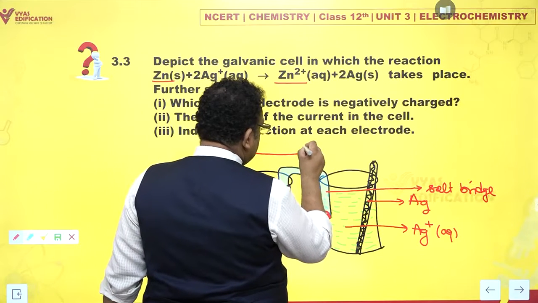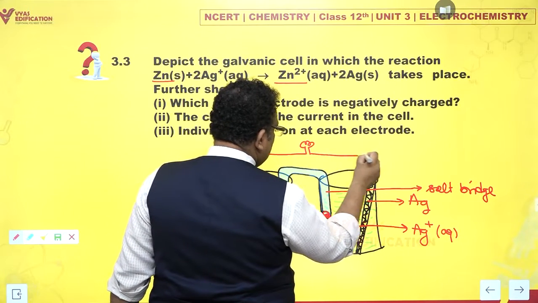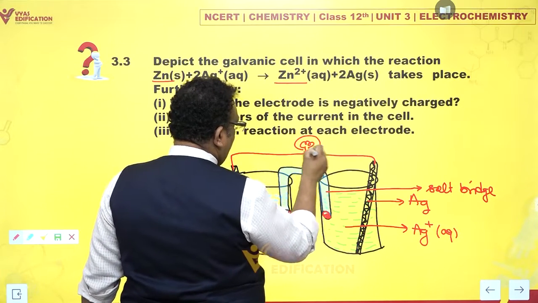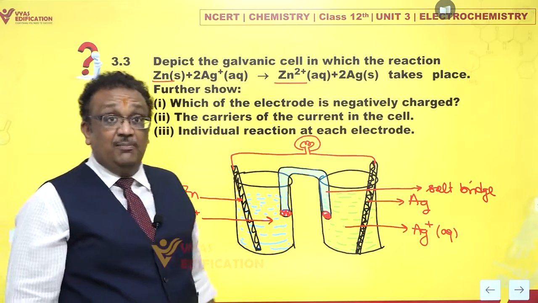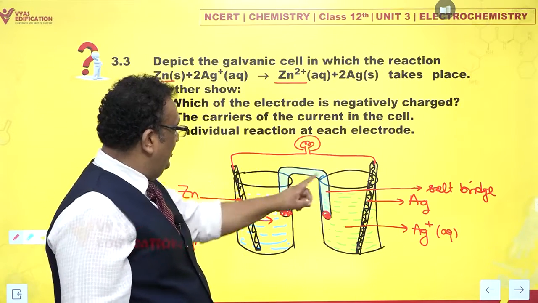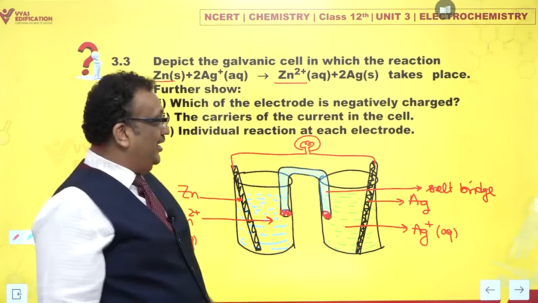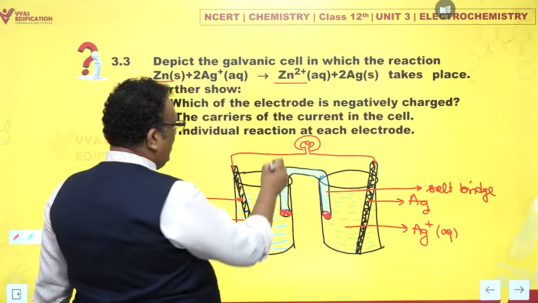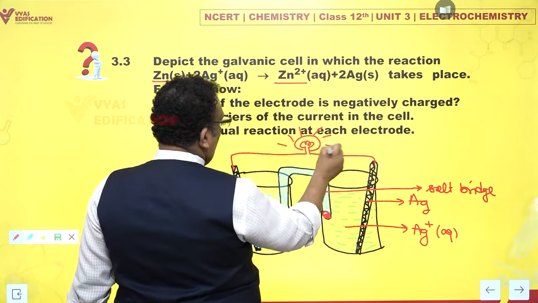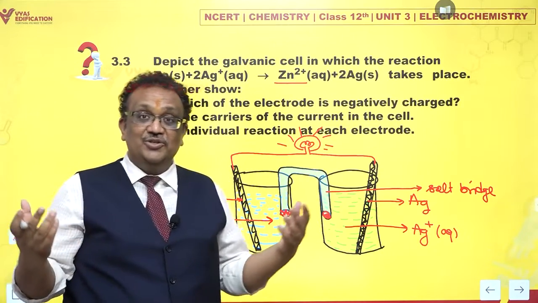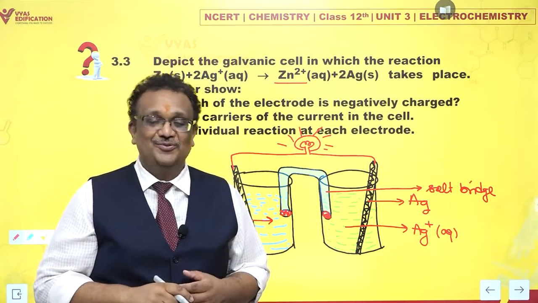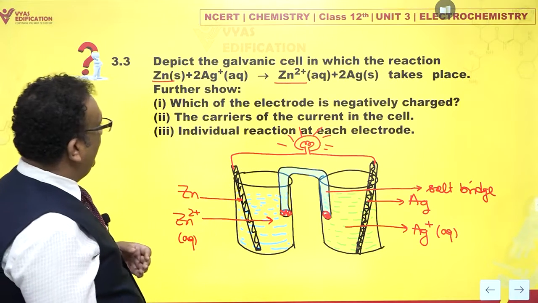We have to join this, and just for the sake of enjoyment, we will attach a bulb also. Attaching a bulb makes sure that when the current is flowing, we can discover that a current is flowing. And the moment you attach a bulb, you would find that it begins to glow. Why? The cell is ready and it is functional.